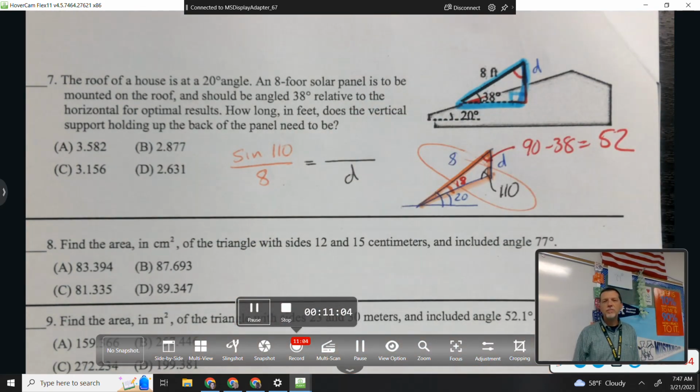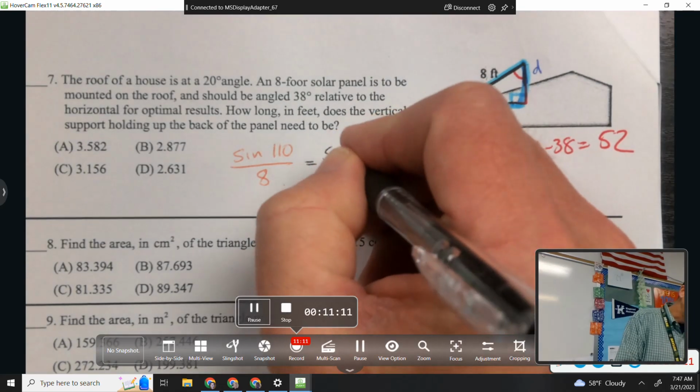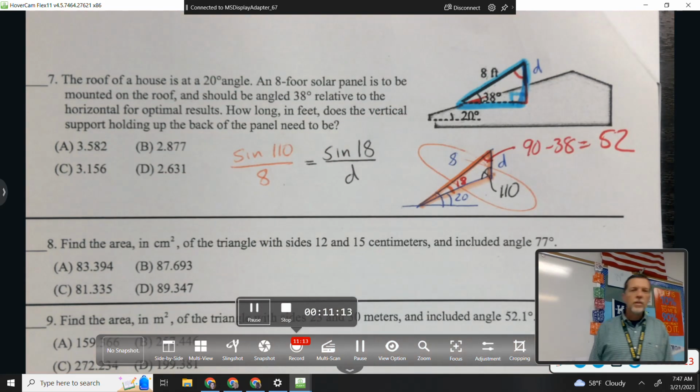There's like 5 different angles labeled in this picture. 18 is across from D, so sine of 18 over D. Well, it should be easy from there, but the setup for that problem was the tricky part.